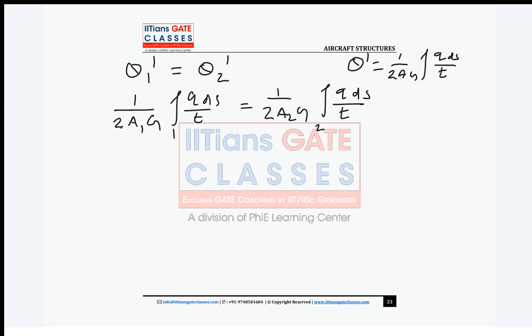Now guys, t is uniform and same throughout, so this t will get cancelled. And material is same, so G will get cancelled. Now guys, what is your equation? It is 1 upon 2A1 integration q ds for 1 equals 1 upon 2A2 integration q ds for 2.